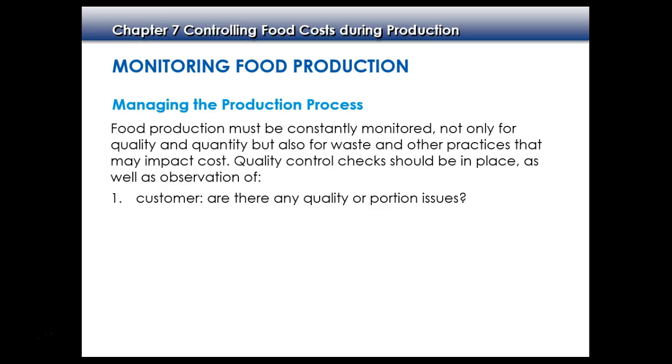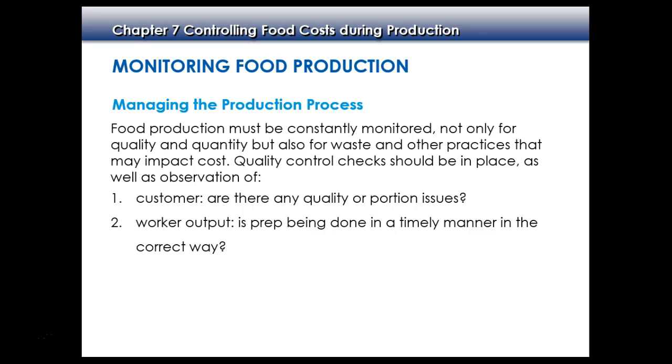Either talk directly to the customer, or talk to your servers. They're the ones going back and checking on all those customers, so make sure you talk to them and see how people are liking the food. Then also your worker output: is prep being done in a timely manner and in the correct way?